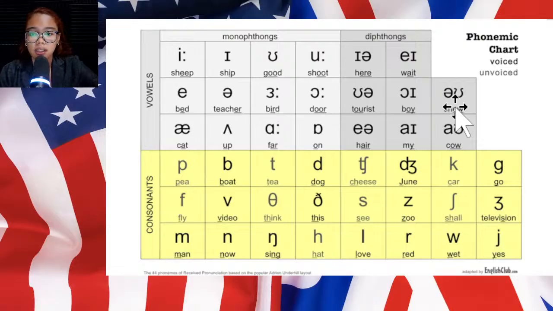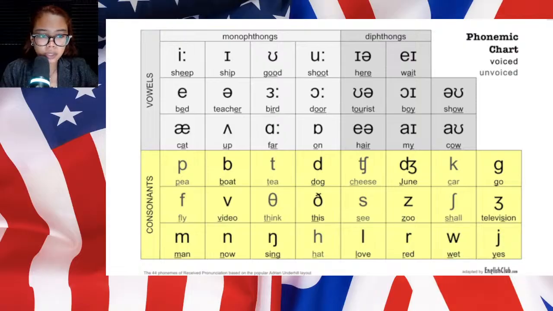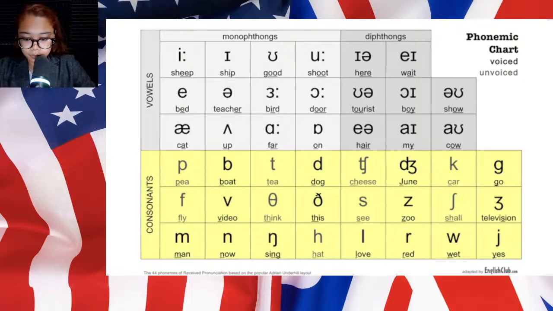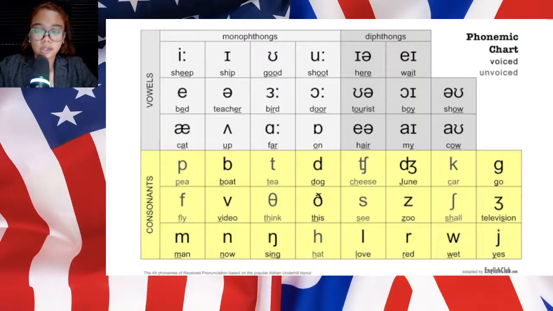So again, we've already discussed the vowels part. Now let's do a quick review of the vowels part. Here we started with monophthongs. Again, what are monophthongs? They represent a single unit sound.